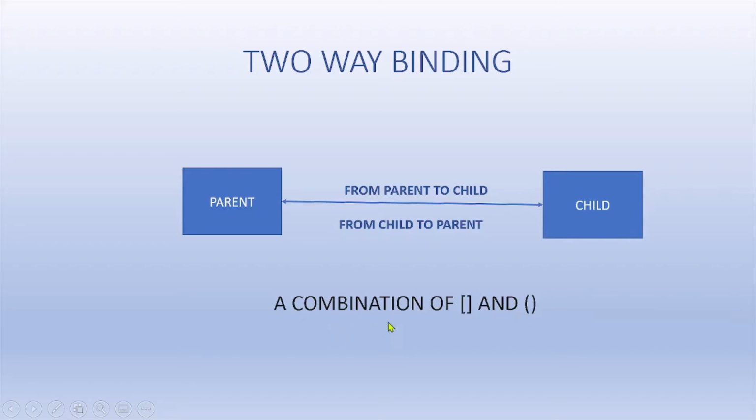The syntax itself is a combination of these two and is referred to as the banana in a box syntax. So banana indicating event binding, in a box indicating input binding. I hope this is clear.